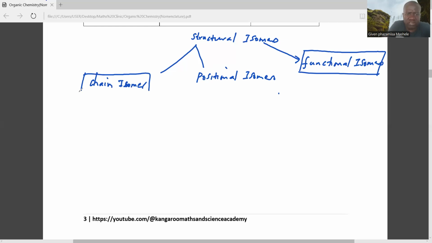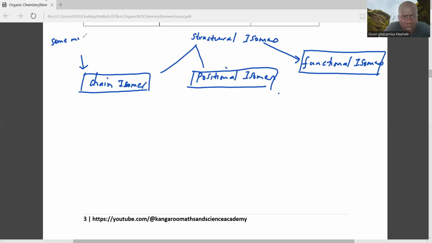What is a chain isomer? A chain isomer is an organic compound with the same molecular formula but different chain length. The molecular formula is the same, but the chain length is different.